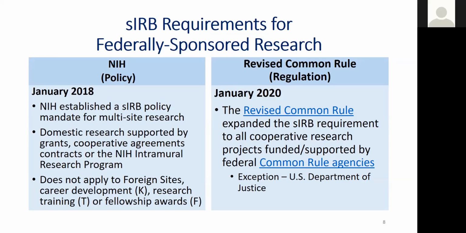The one thing that's interesting is that the U.S. Department of Justice, while a common rule agency, has not yet implemented the revised common rule, and so they still adhere to the previous version of our regulations. So they're a little bit of a different entity.